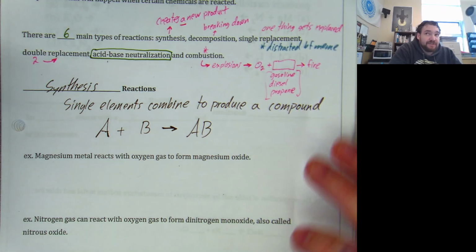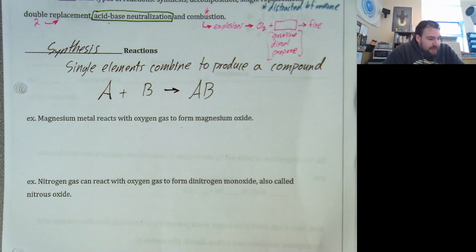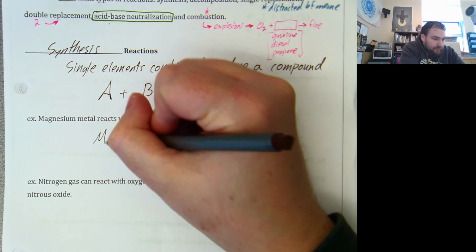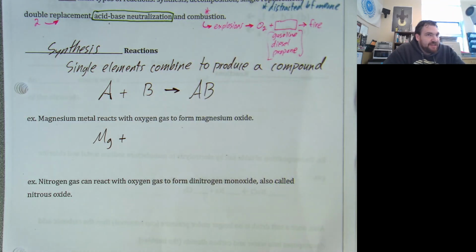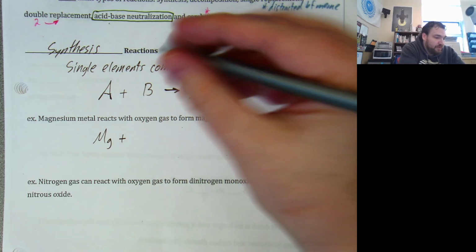And so I've got two examples of it down here. Magnesium metal reacts with oxygen gas to form magnesium oxide. Magnesium metal is an element. It's just Mg. What's the formula for oxygen gas? O2.